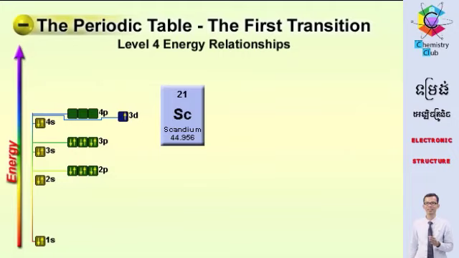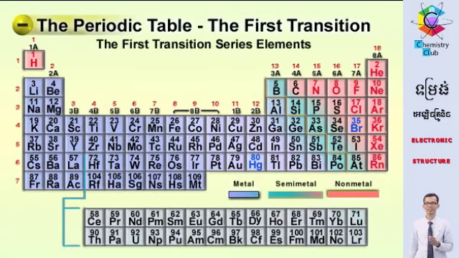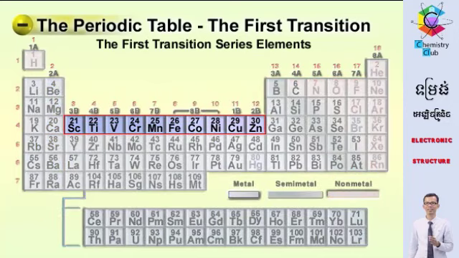Since the 3d sublevel is lower in energy than the 4p, the next electron, in scandium, goes into a 3d orbital. We've entered the first transition element series, a set of 10 elements that show very similar chemical and physical properties, since the two 4s electrons predominate while the 3d sublevel is being filled.